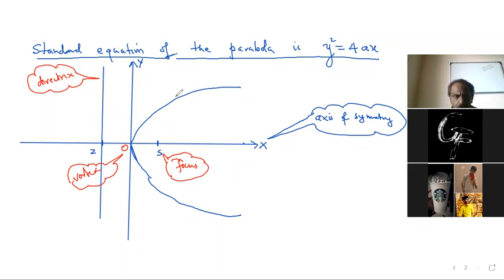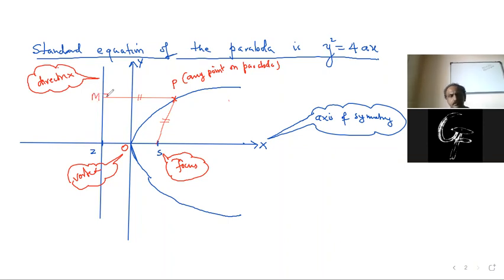Now take any point on the parabola. P is any point on the parabola. Then mark this length. Mark this length. They should be equal. So we denote this by PM. It's a perpendicular distance.